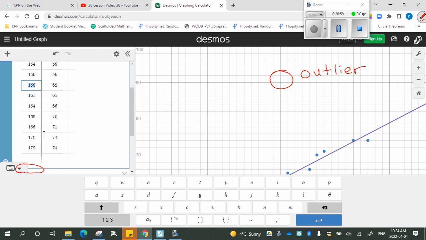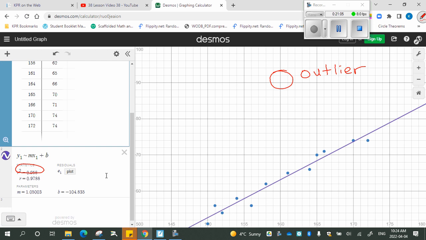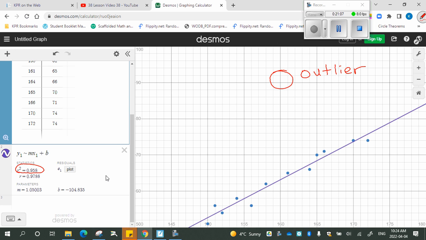Yeah, okay. There we go. All right, so if I delete that, and now I come down here without the outlier, what is my correlation coefficient now? 0.958, very highly correlated, okay? And my slope and my y-intercept are a little bit different, okay? But it's very highly correlated with that outlier in.